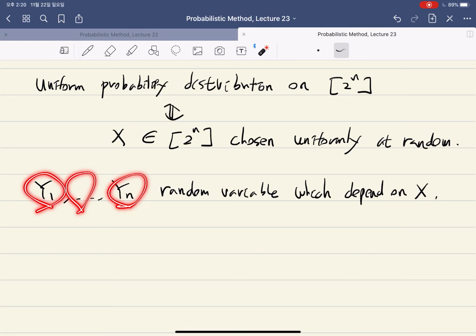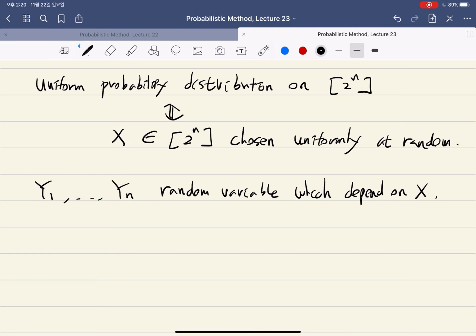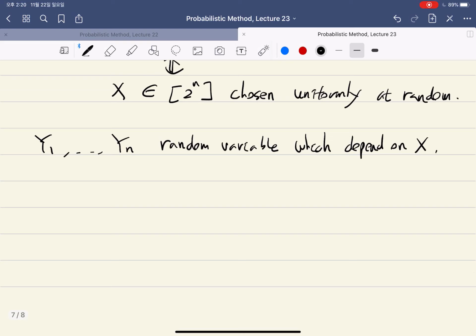Each of the random variables may be dependent on x. You can consider each of these as an answer to Bob's question, so it's either yes or no. You can consider it an indicator random variable, 0 or 1, depending on the answer to Bob's question.